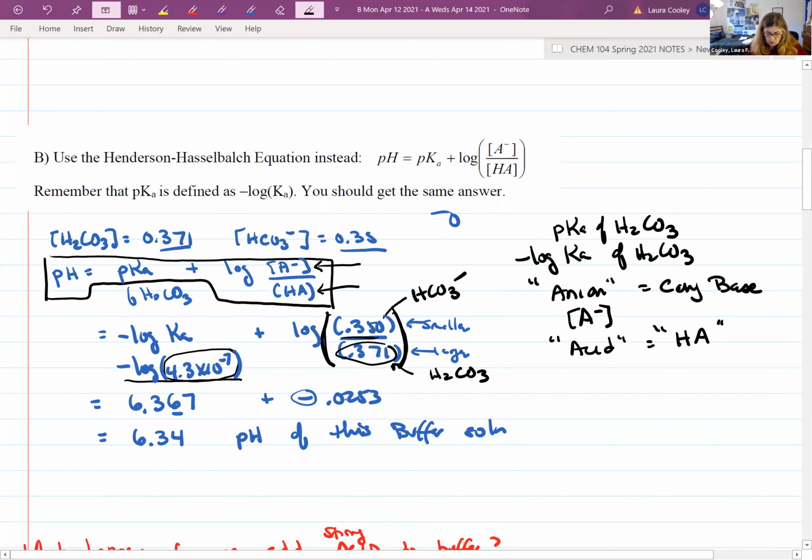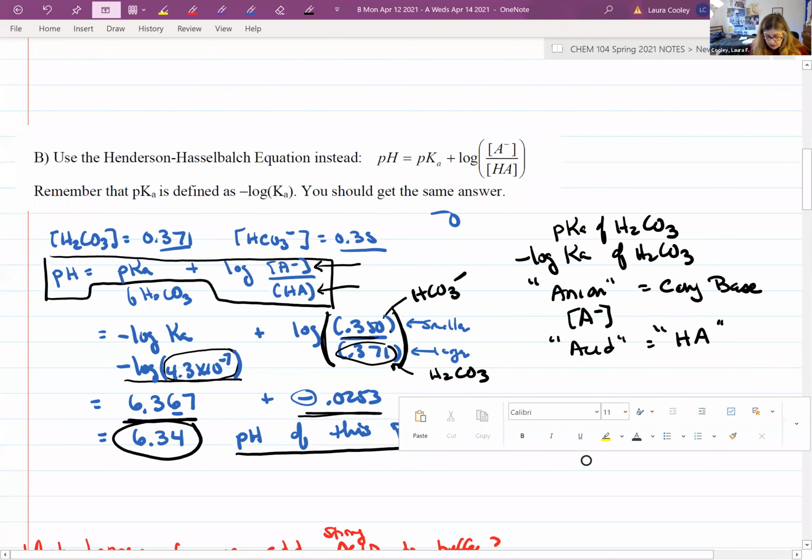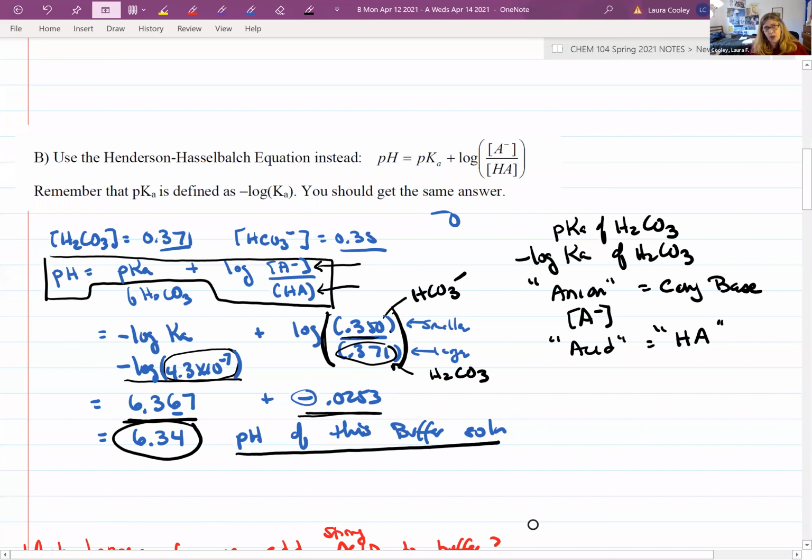Log of a number greater than 1 is positive. And so here's just a pretty simple recipe to figure out the pH of a buffer solution. You simply add the pKa, which is given here, with the log of this ratio, and you get a pH of 6.34.